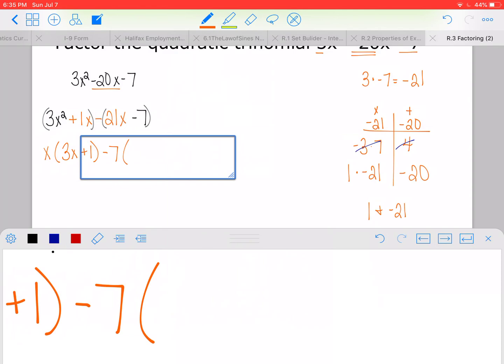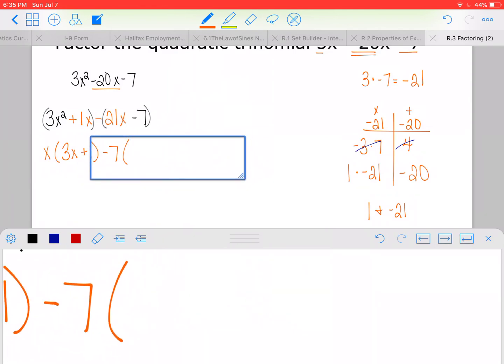So we've got 21 divided by 7, that gives us a 3x. And then we're taking the negative 7 out of negative 7. That leaves us with plus 1.